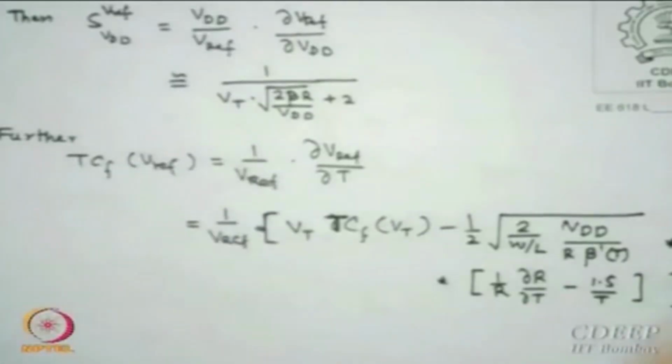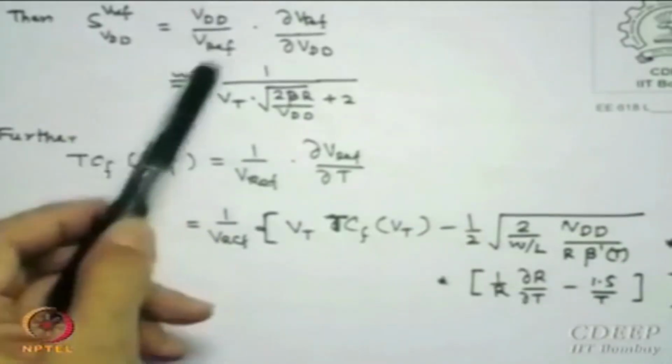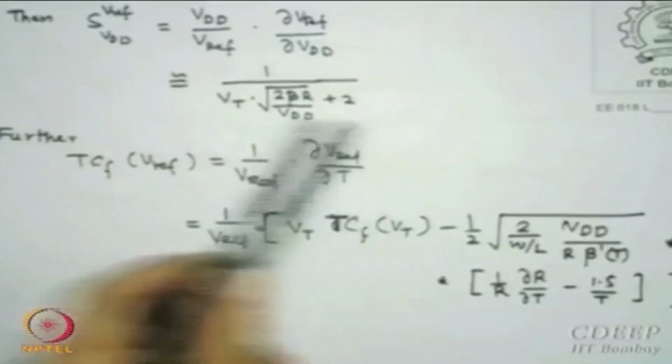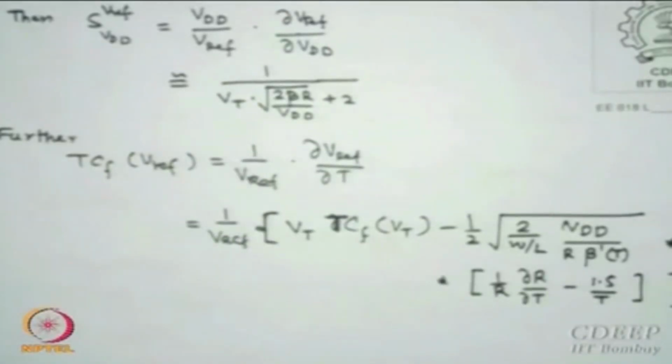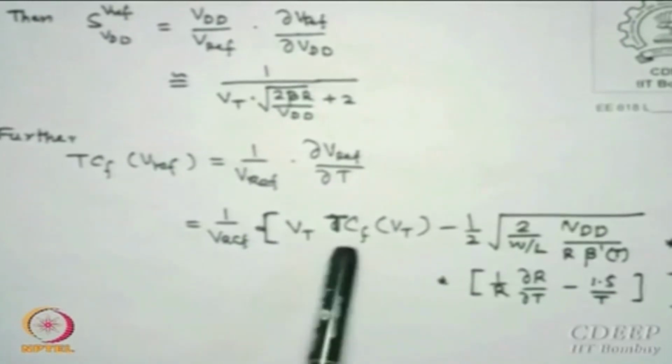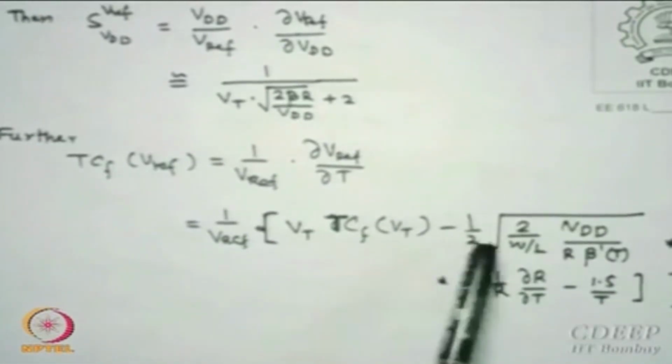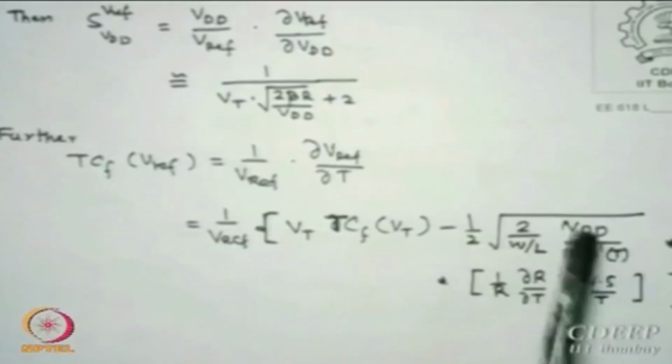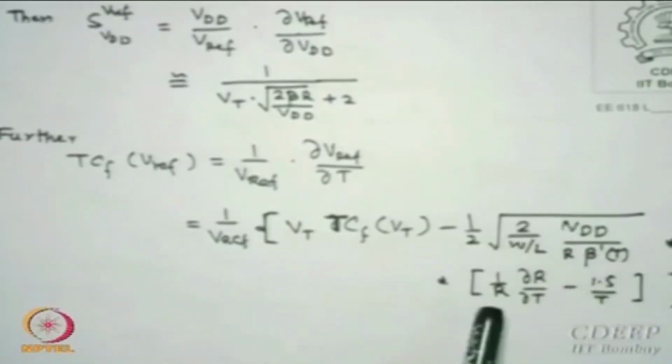I mean nothing very great, just differentiate, there is 1 upon this, there is nothing great we are doing, VDD upon V reference, dV reference, and this comes to be Vt times 2 beta R by VDD plus 2. And if you look at the temperature coefficient, this gives me a long expression: Vt times TCF of Vt minus half but 2 by W by L, VDD upon R beta dash T, into 1 upon R dR by dT minus 1.5 by T. Is that correct?